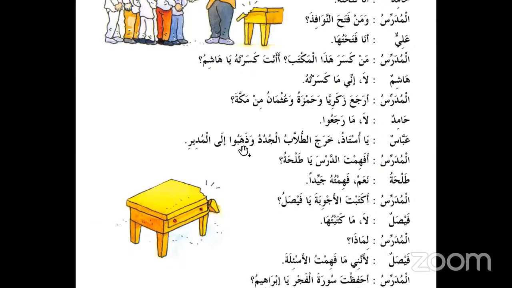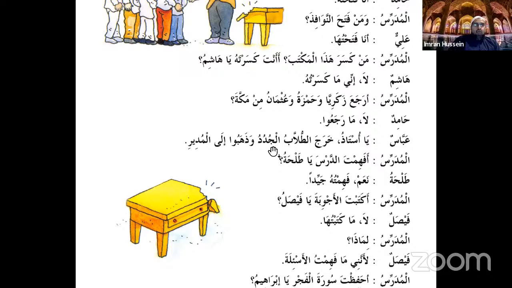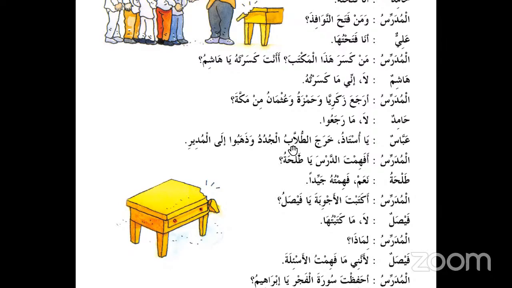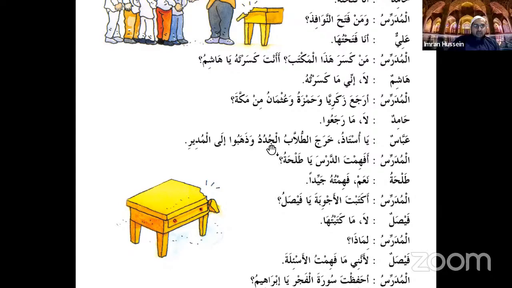Oh teacher. So al-jududu is the plural of the word al-jadidu. Al-jadidu means new. Because tullab is plural, the adjective will also come plural when you're talking about human beings.